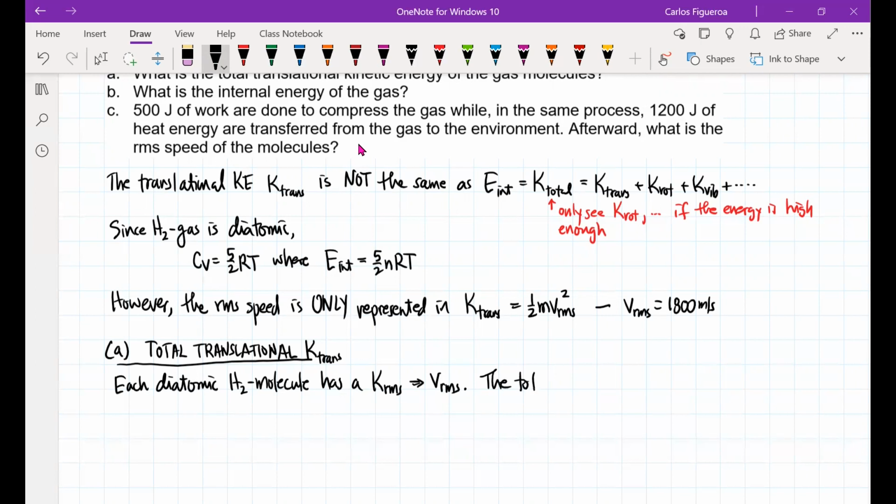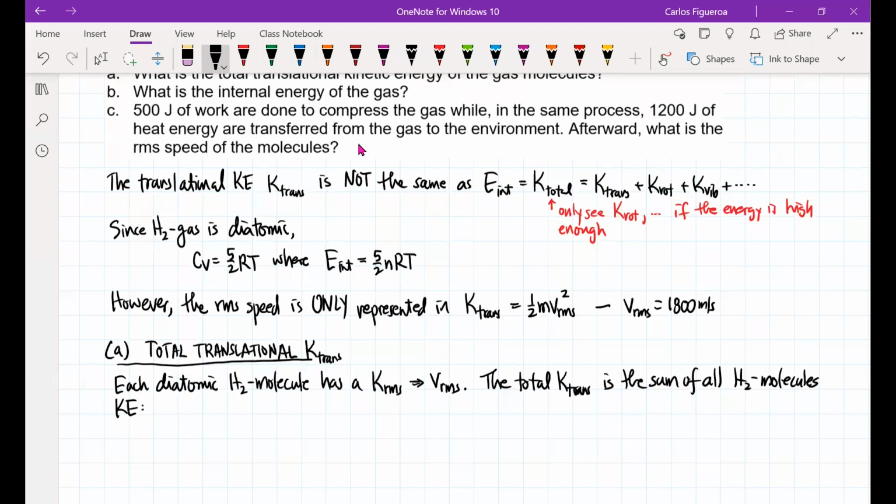The total K translational is the sum of all the H2 molecules' kinetic energy.